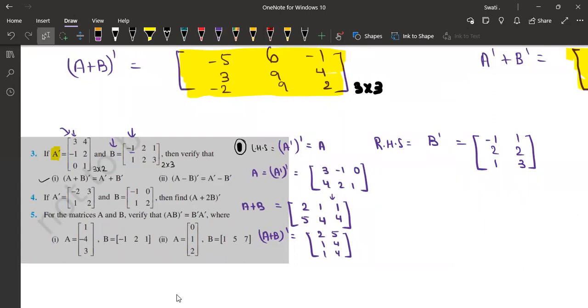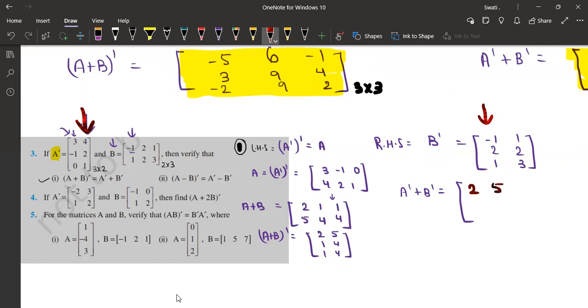We need to check A transpose plus B transpose, right? So this is A transpose here, let me change the color, and this is B transpose. We need to add them, so add the corresponding entries. 3 plus minus 1, that is 2. Next 4 plus 1, that is 5.